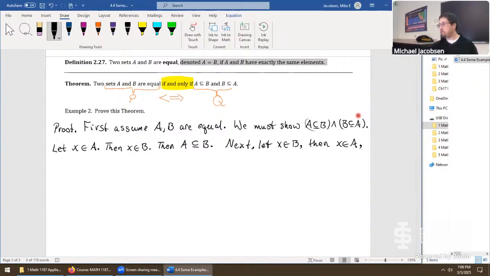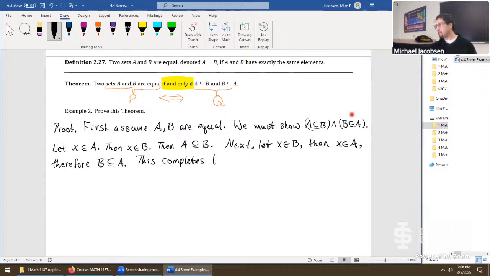So we go and say, therefore, B is a subset of A. And we've done it. We've shown this holds, and at the same time, the other end holds. And so this completes this half.